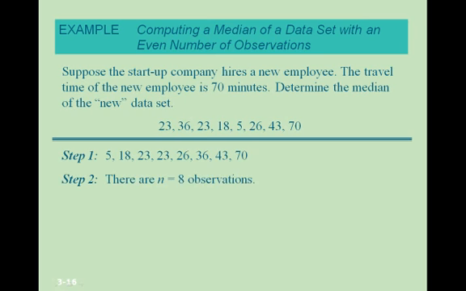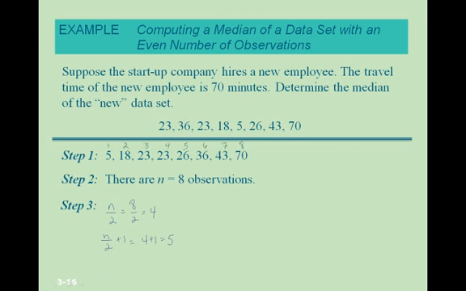Step 2, we now have 8 observations. And for step 3, we'll determine the observation that's in the middle. Since there's an even number, we're going to find the mean of the n over 2 position and the n over 2 plus 1 position. So n was 8, so we want to go between the 4th and the 5th position.